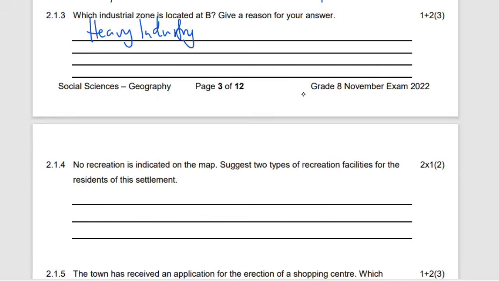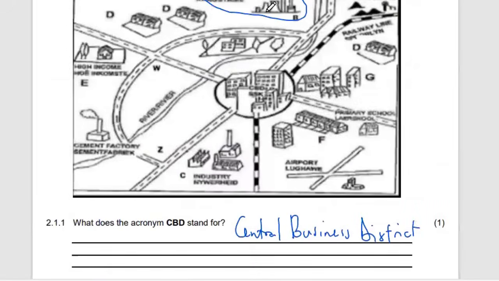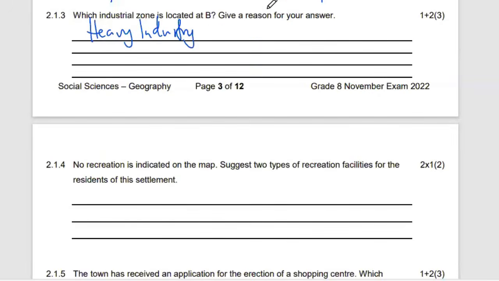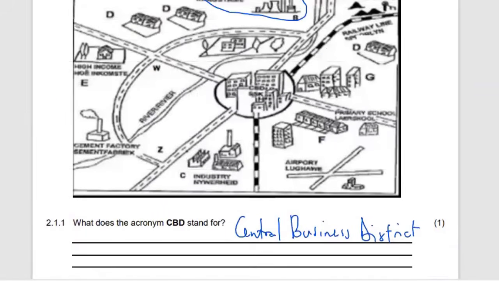And what's the justification? Give a reason why we are saying it's heavy. One reason that we have highlighted, we are seeing the pollution there. The reason, pollution in the form of air is indicated. Because remember, we said heavy industries cause large volumes of pollution. So pollution is indicated on the illustration. Then also let's look at its location in relation to residential areas.